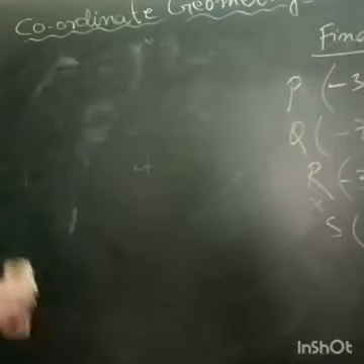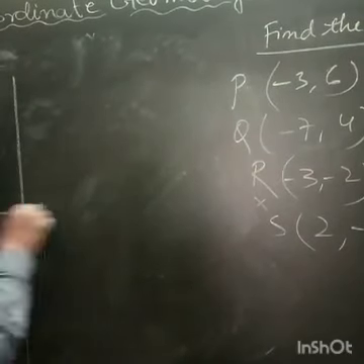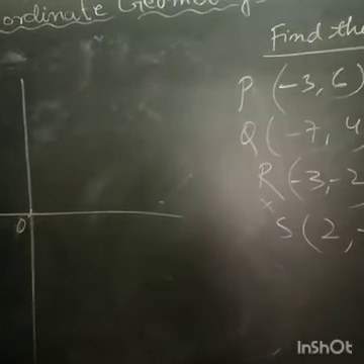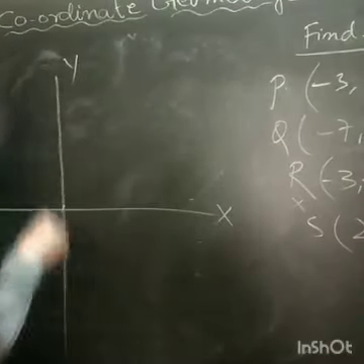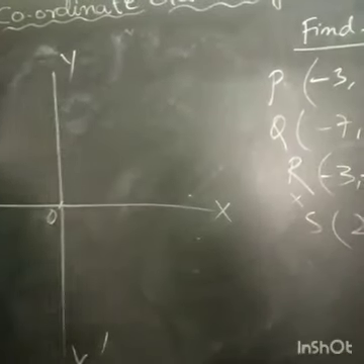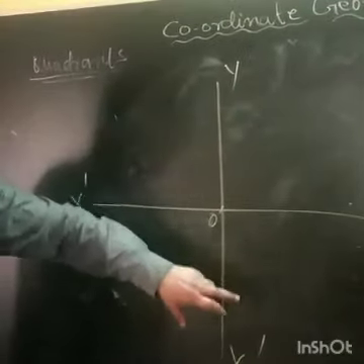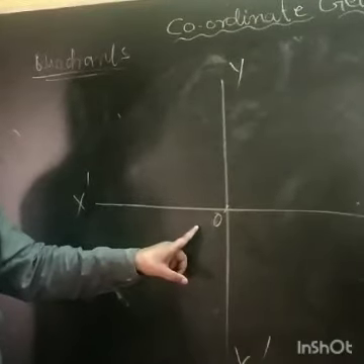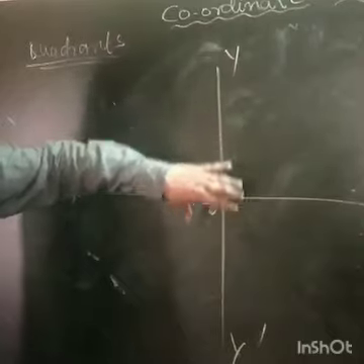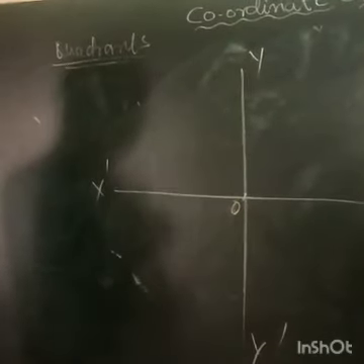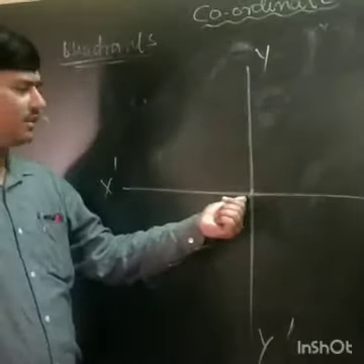Now, again you draw the plane. Here it is X-axis, X dash, Y dash. This is the point of intersection of the x-axis and y-axis. It is called the origin. The origin is the point of intersection of the x-axis and y-axis, or you can say the vertical and horizontal lines intersect at a point.